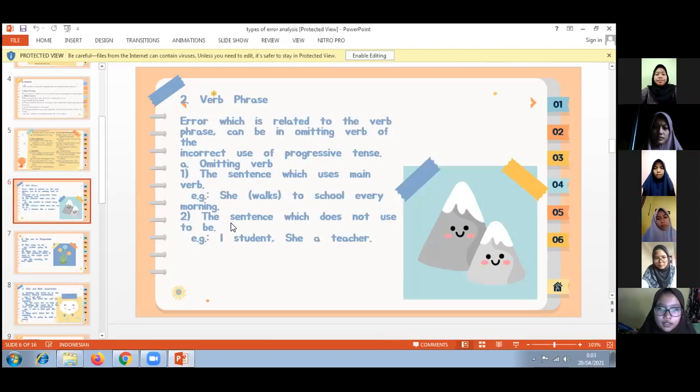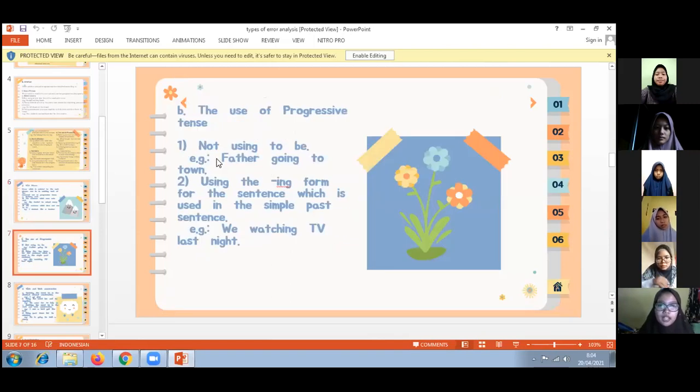Examples of sentences which don't use to be are: I student and she a teacher. And the use of progressive tense. The first is not using to be. For example, father going to town. And using the ing form for a sentence which is in the simple past. For example, he watching television last night.